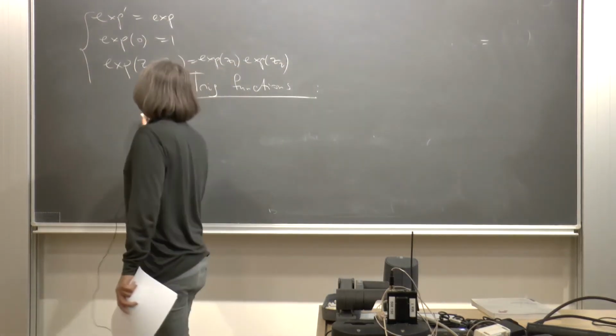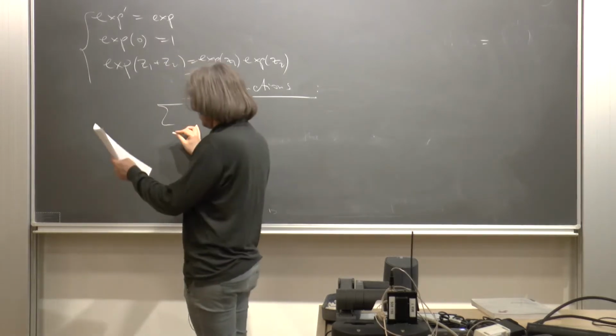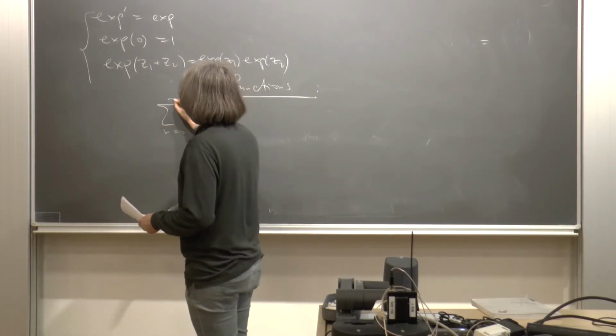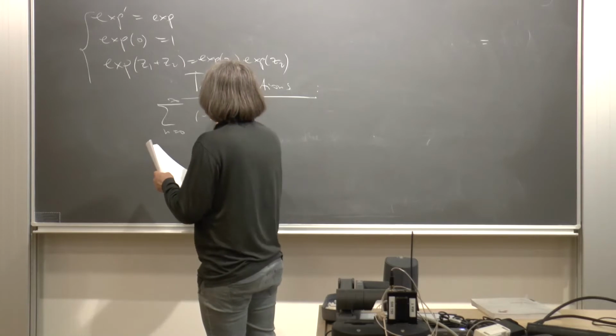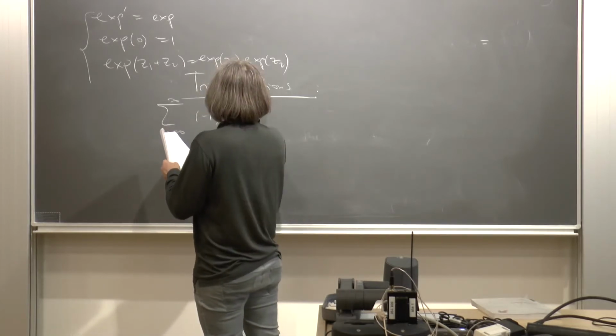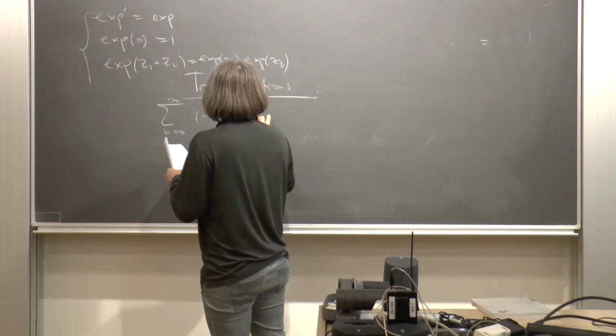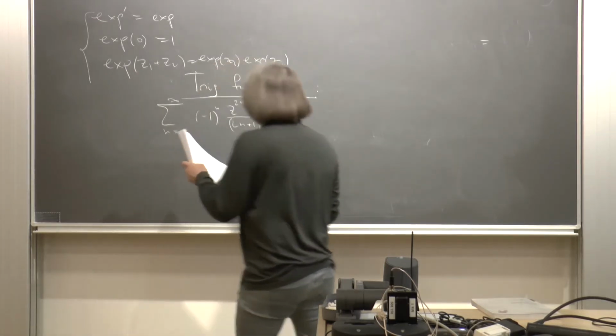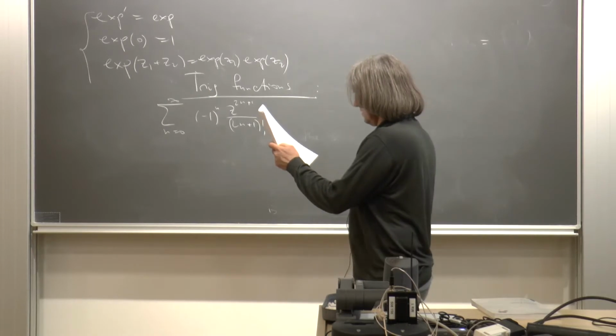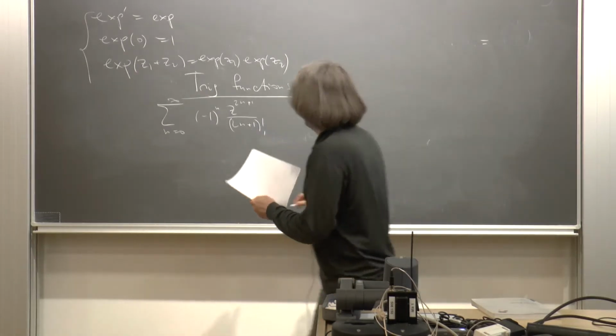So we can consider the sum from n equals 0 to infinity of minus 1 to the n, z to the 2n plus 1, over 2n plus 1 factorial. And this is sine of z.